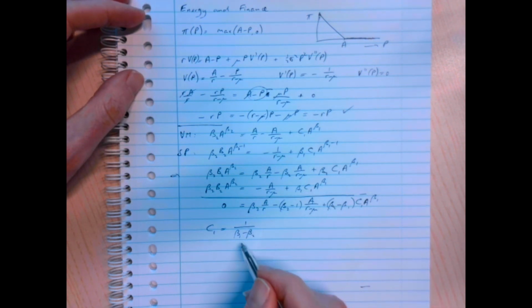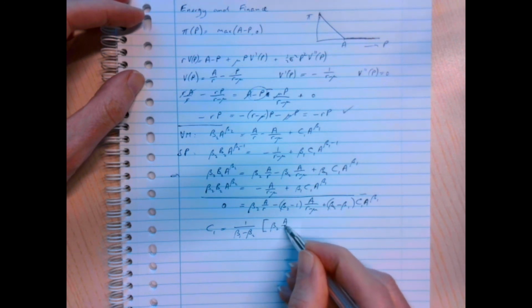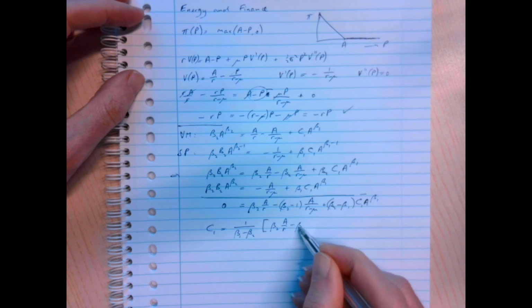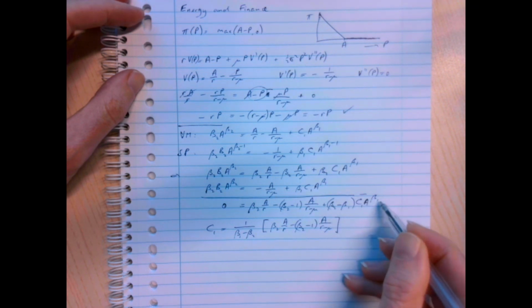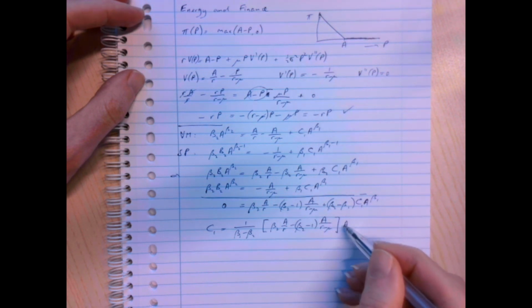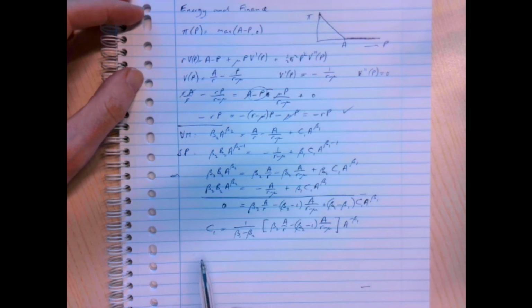So I get just a 1 divided by beta 1 minus beta 2 times beta 2 A over R minus this object here, and I still have to cancel this one, so that means multiplying by A to the power minus beta 1. So this is what C1 is.